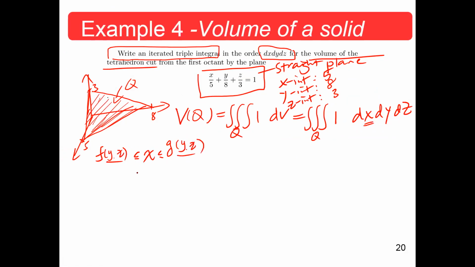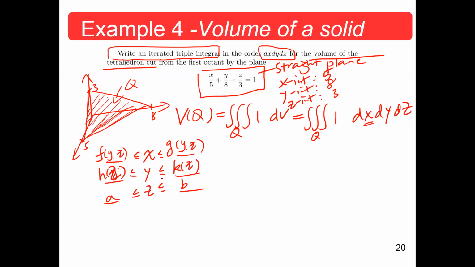And y should be bounded by functions of z. Okay, so I'm going to say f, g are functions of z, h, k, right, functions of z. And z should be bounded by 2 constants following their specific order, dx, dy, dz.